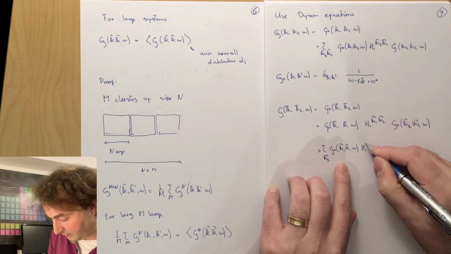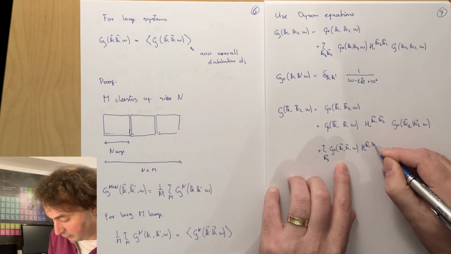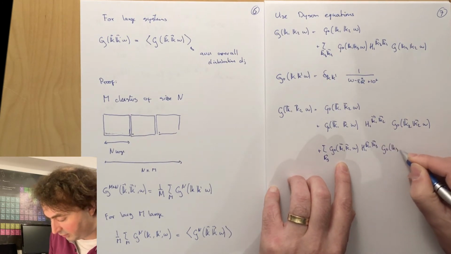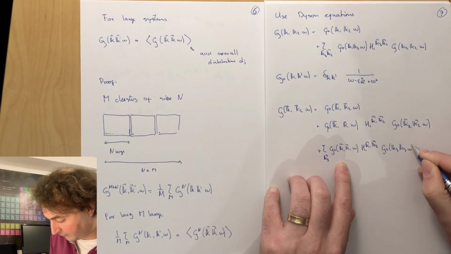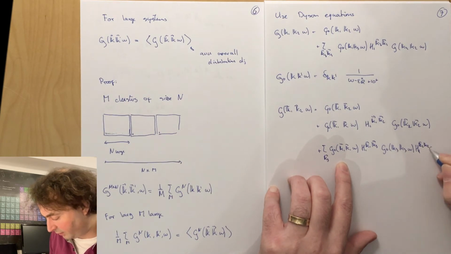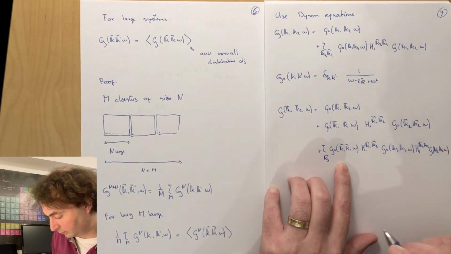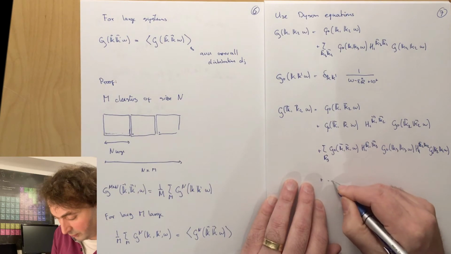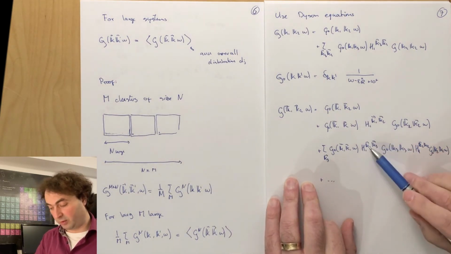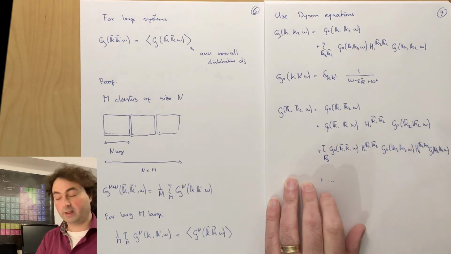Then scatter to K3, then we have the propagation with K3, and we scatter off all the impurities to crystal momentum K2, and we propagate with crystal momentum K2. And of course we can repeat it indefinitely with 1 interaction, 2 interactions, 3, 4, 5, etc.